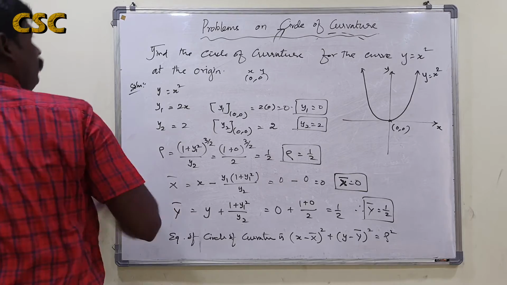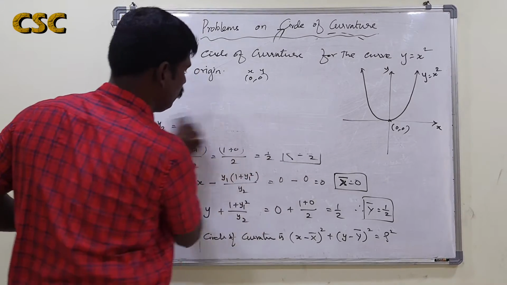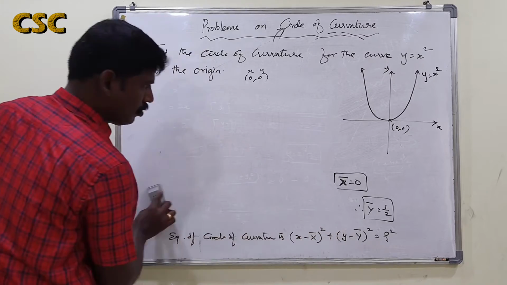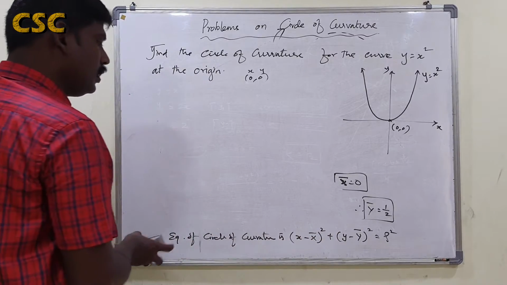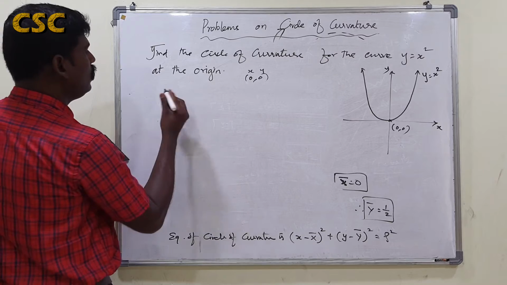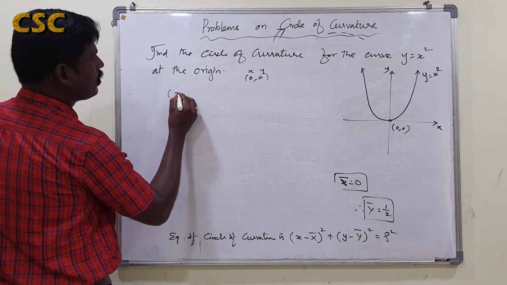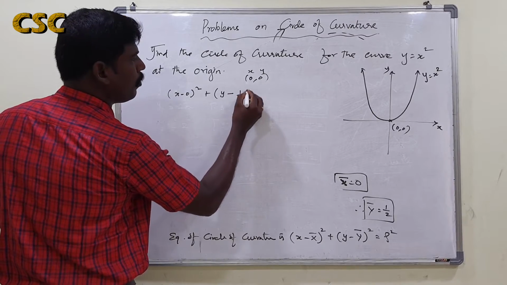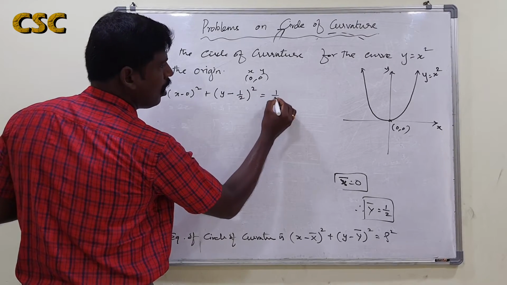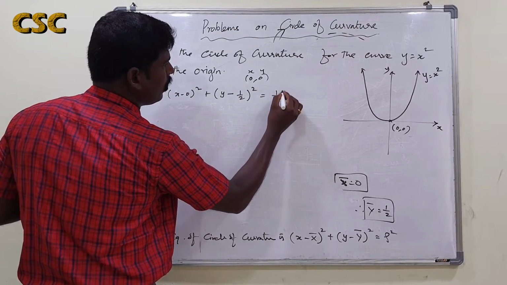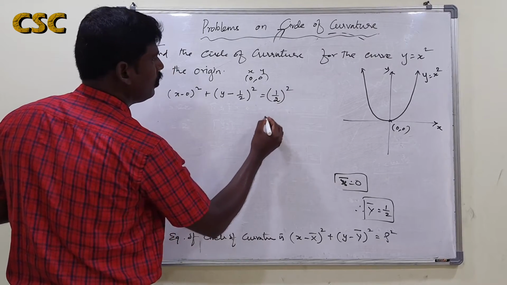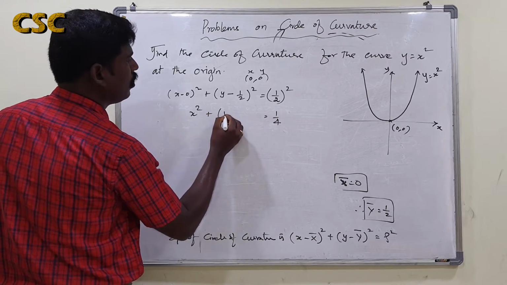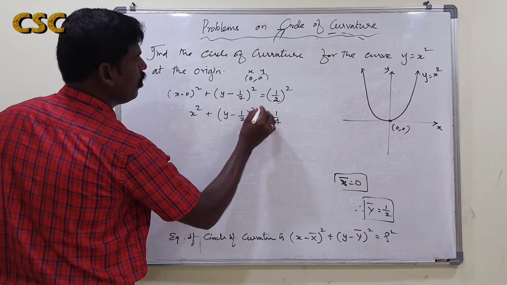So x bar is 0, so x minus 0 the whole square plus y minus y bar, which is 1 by 2, the whole square equal to rho, which is also 1 by 2, the whole square. That is 1 by 4. X square plus y minus 1 by 2 the whole square.